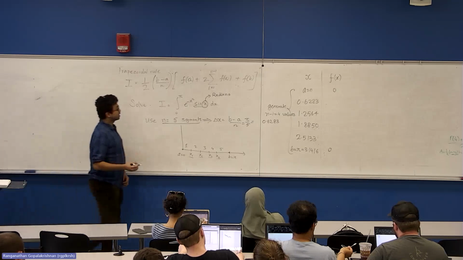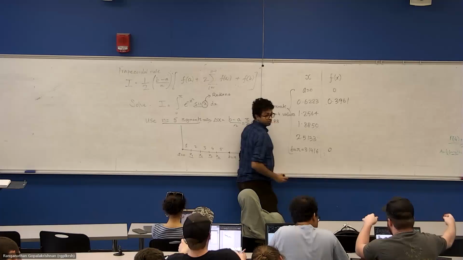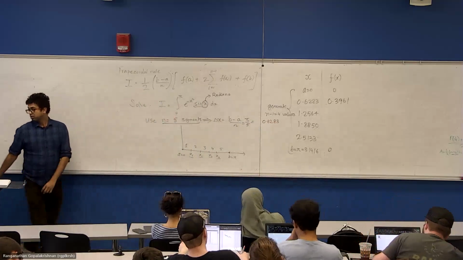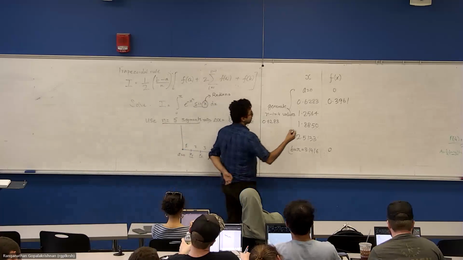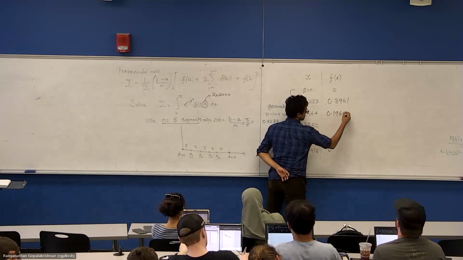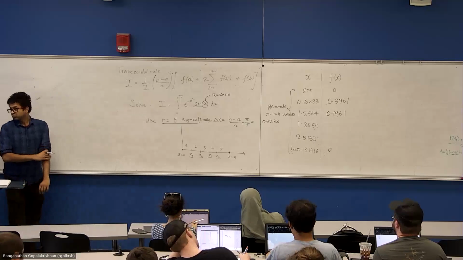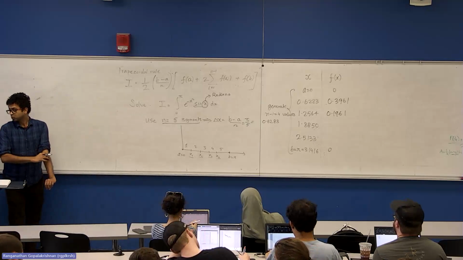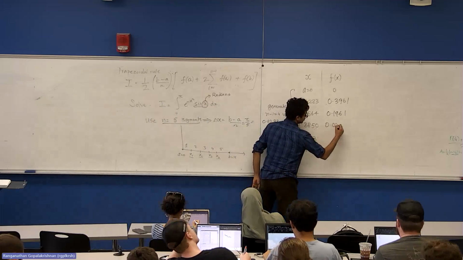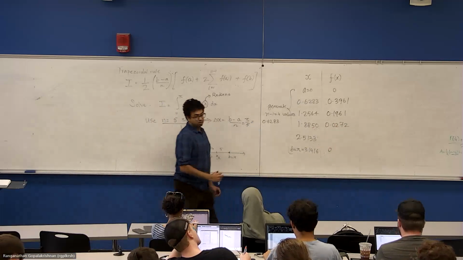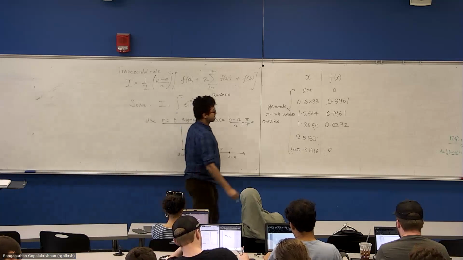So 0.3961, 0.1961, 0.0273, 0.0272, 0.0011.